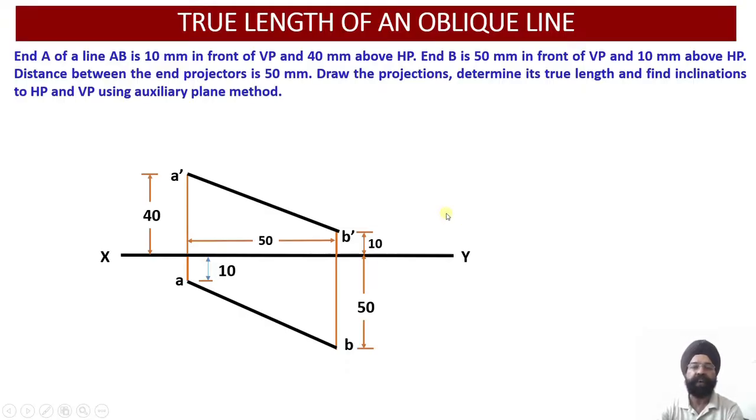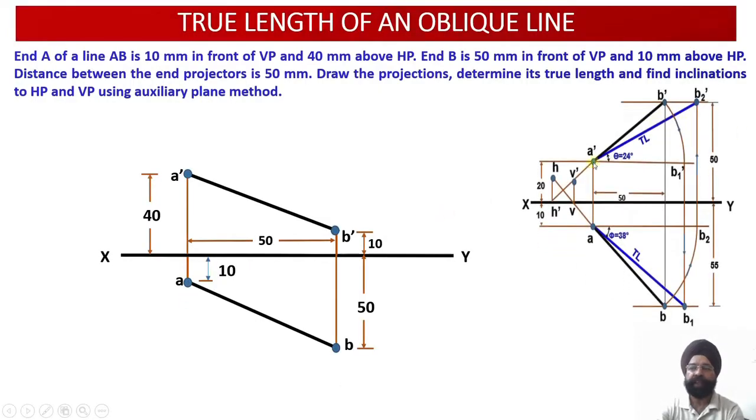Now earlier, in the rotation of the line method, we were rotating the projection in the front view, that is A dash B dash, so as to make it parallel to the XY line, that is parallel to the horizontal plane.